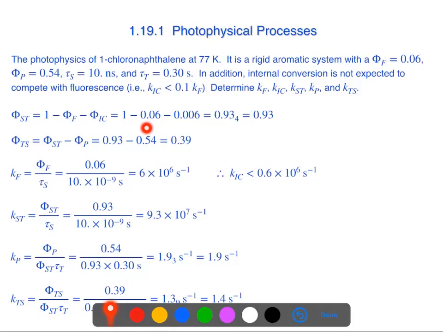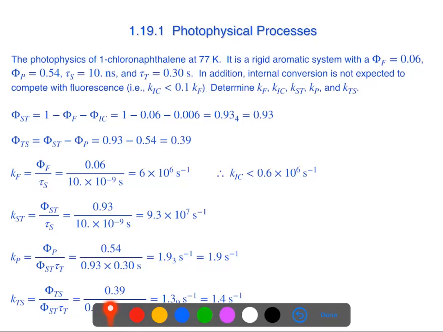We have 1 minus 0.06 minus 0.006. That gives us a value of 0.93, rounding to give us 0.93. So our quantum yield for intersystem crossing from the S1 to the T1 is 0.93. This is typical of rigid aromatic systems. They intersystem cross quite well.